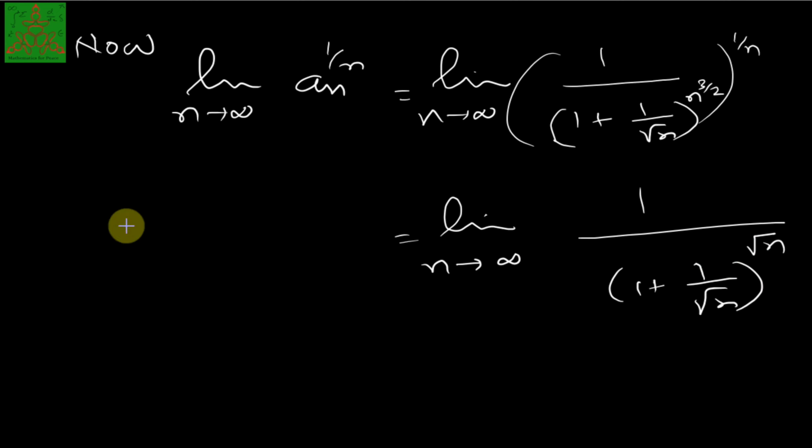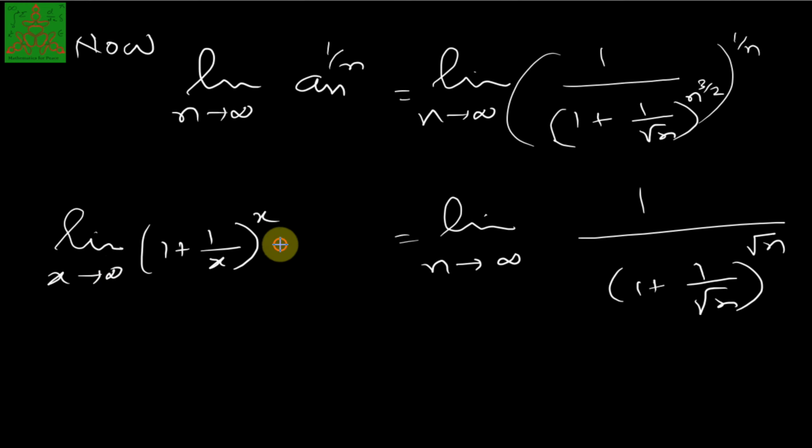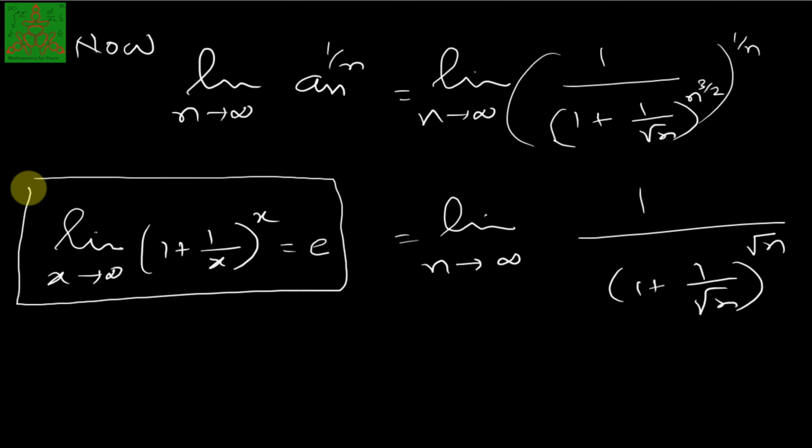As I told you, this is a very well known limit of (1 + 1/x)^x as x tends to infinity, and this will be e. So instead of x, we have here √n. So you just observe that this is nothing but 1 upon e, which is less than 1.